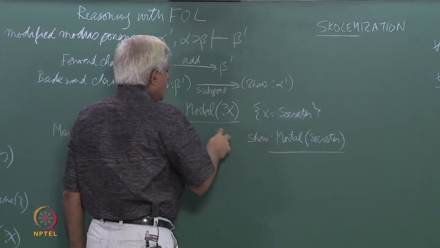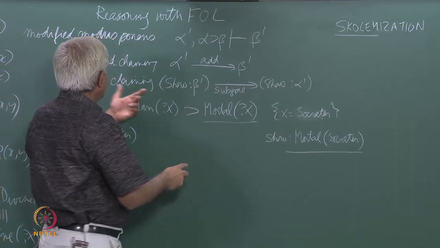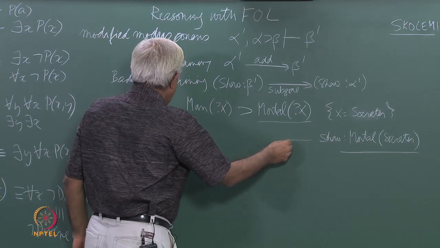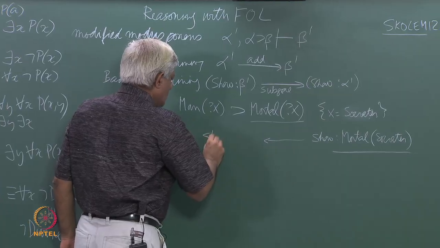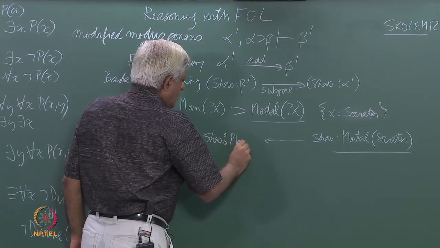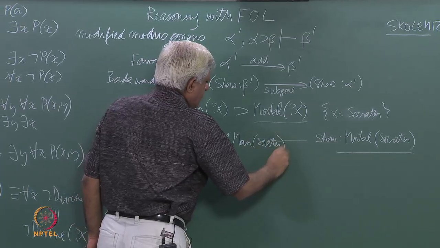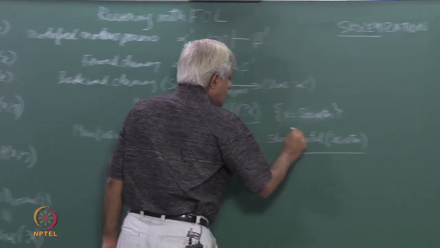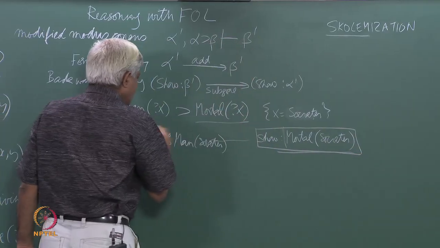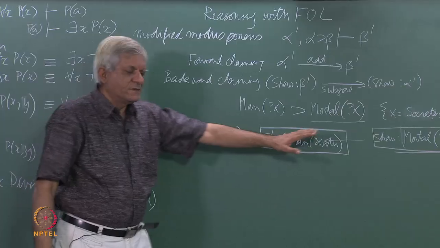So, we apply this unifier to this, and according to this backward chaining process, we reduce this to show man Socrates. So, let us put goals inside boxes, so that we can distinguish between goals and facts. So, this is a fact, this is a fact, this is a goal, this is a goal, and so on.